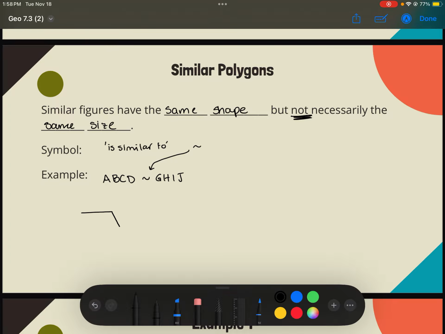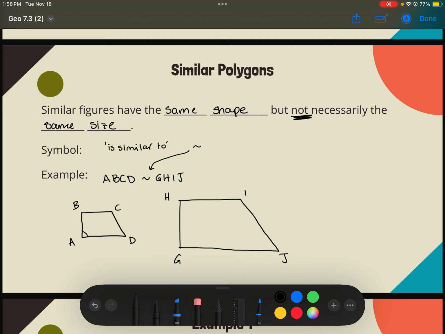Let's go ahead and draw these out. So here is my random quadrilateral. I'm going to call her A, B, C, D. And I'm claiming that she is similar to this other guy, GHIJ. Now, in similar polygons, we know that all corresponding angles are going to be congruent.